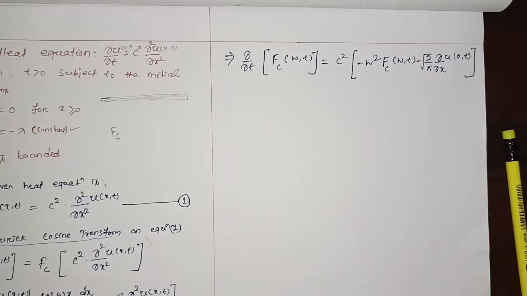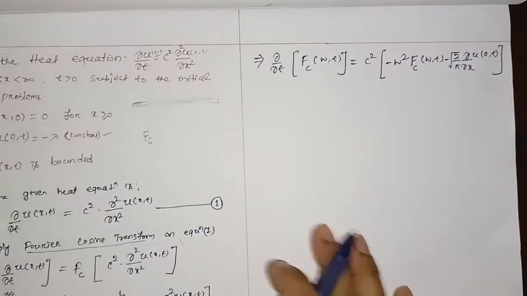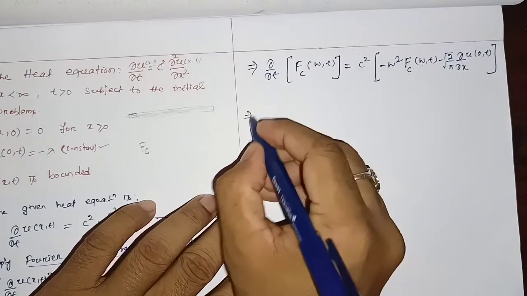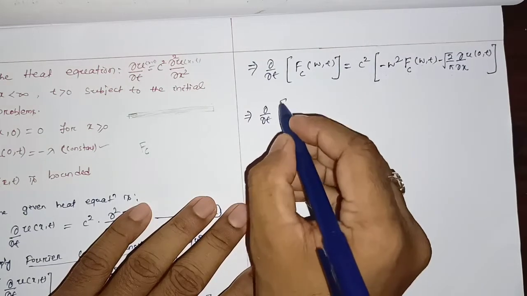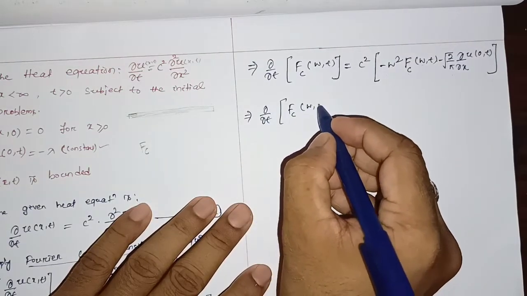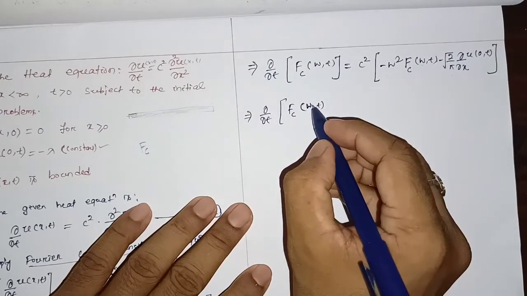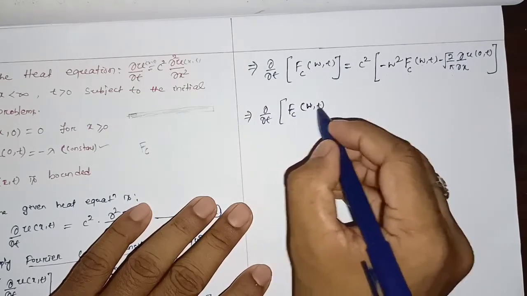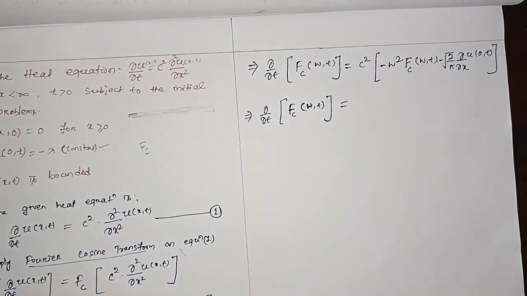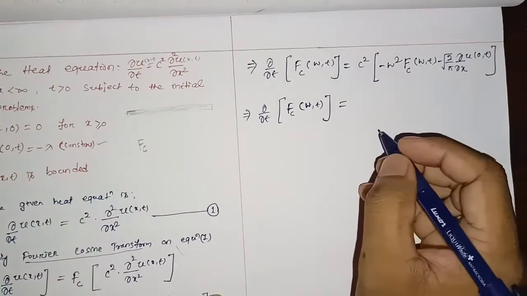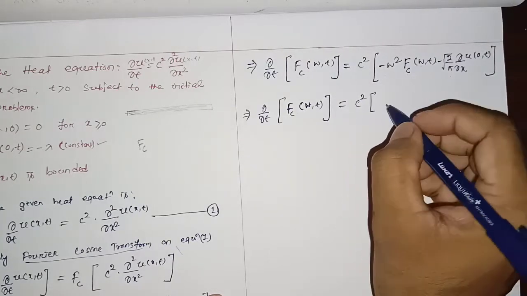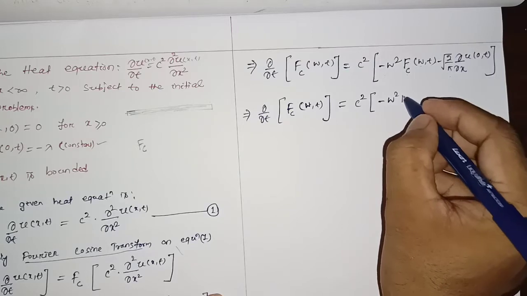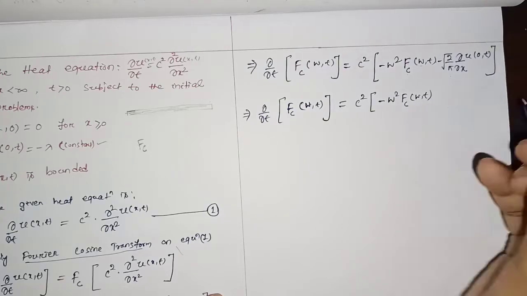That implies we have to simplify this further. Here you can see del by del t of the Fourier cosine transform, or we can write capital F c of omega, t, is equal to c square times minus omega square capital F c of omega, t.